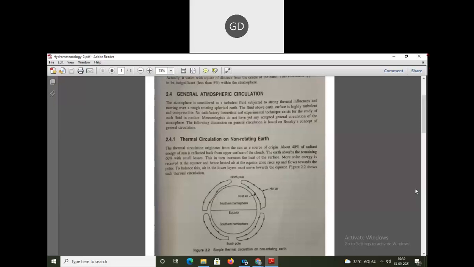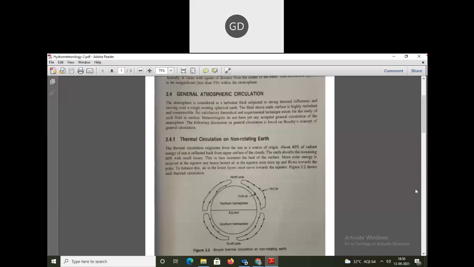The earth absorbs the 60%, or radiant energy, though there are some losses while absorbing.